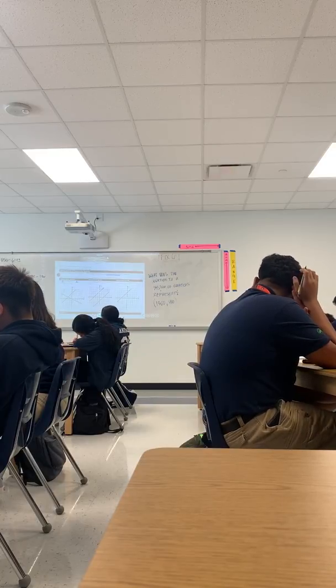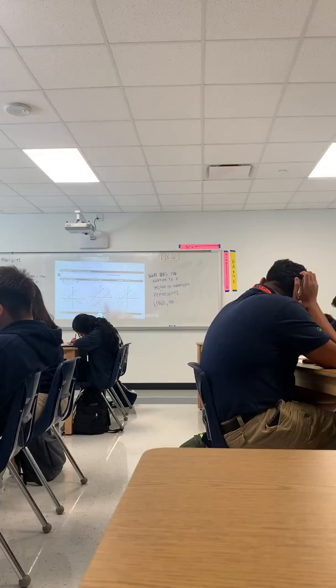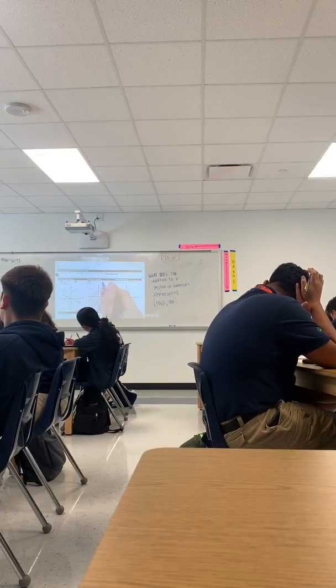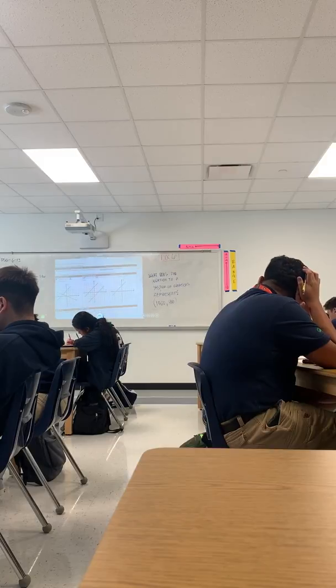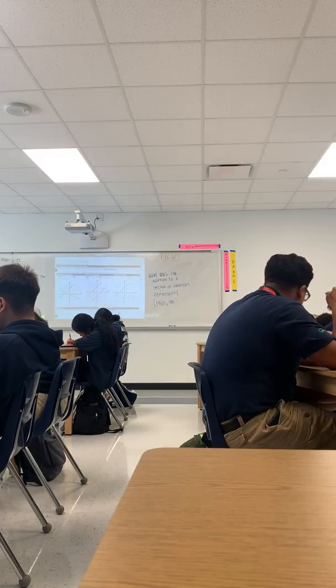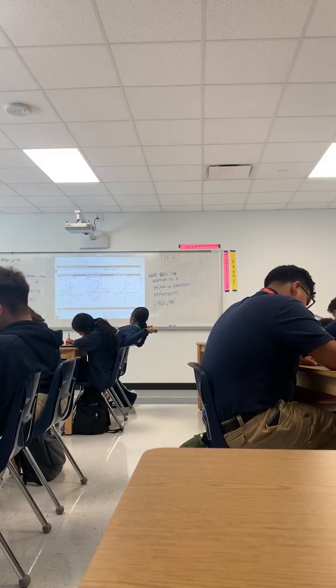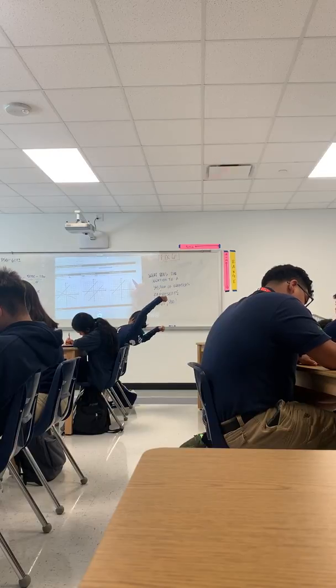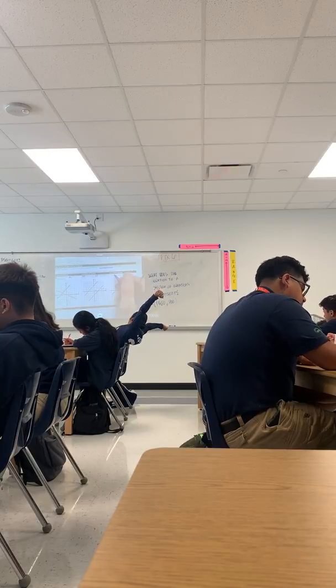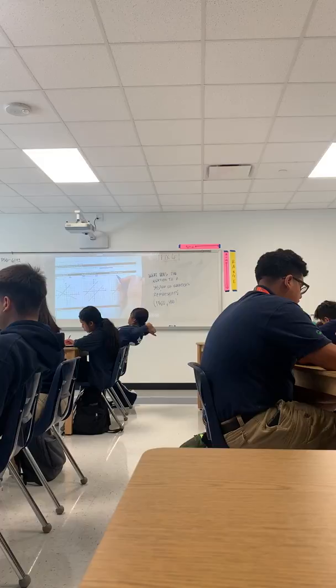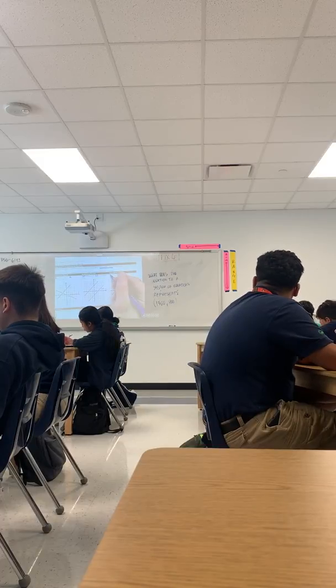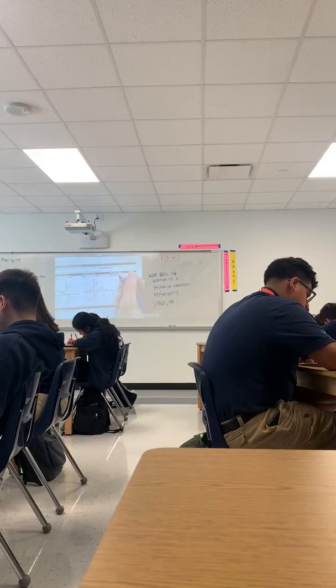If something is inconsistent, like here, two parallel lines, it means that there is no solution because there's no intersection point. And finally, and I think the most weird, follow along. You have dependent systems which have infinite solutions.